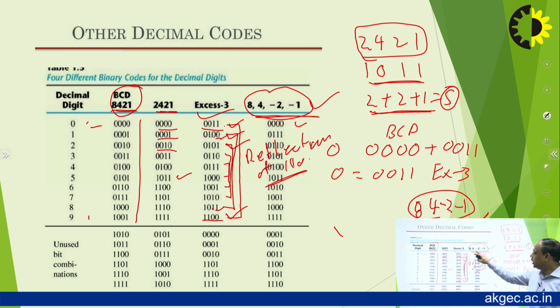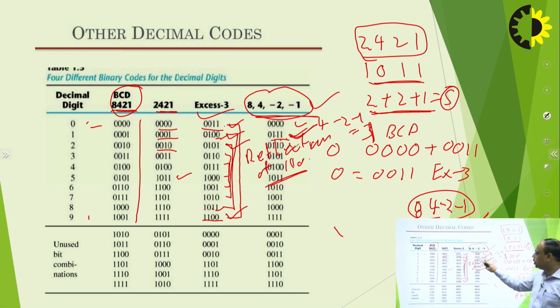For 1, there is no 8 bit, so you can generate 1 as 4 minus 2 minus 1, and it is equivalent to 1 only. So this is the representation of 1 in 8, 4, minus 2, minus 1 code. Similarly for 2, 3, 4 and up to 9, you can represent them in 8, 4, minus 2, minus 1 code.